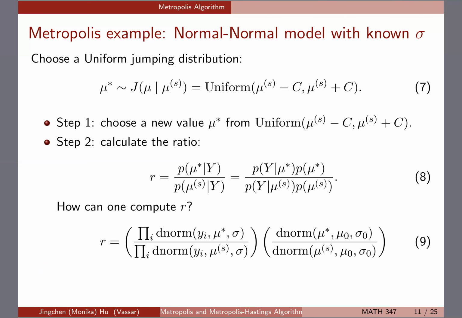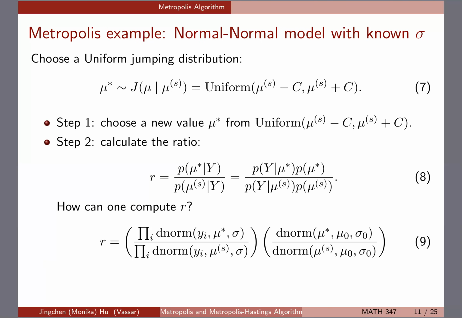For the likelihood, I have to evaluate the density of each of the yi under my new draw of mu star, with the sigma, which is given, using dnorm for all of them, and then take the product. That's the joint density, joint PDF, on the top. And in the bottom is the joint PDF of yi, still the same sigma, but under different mu's.